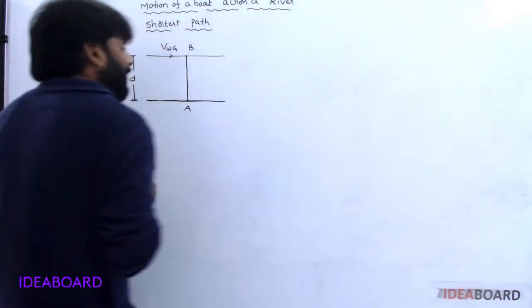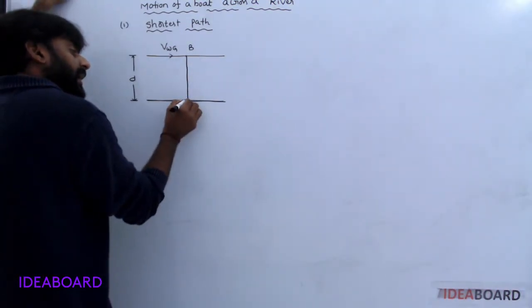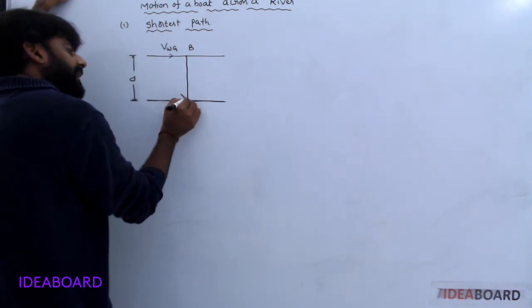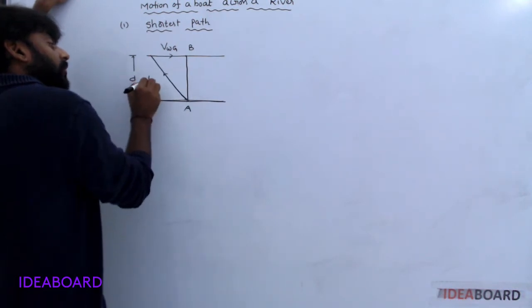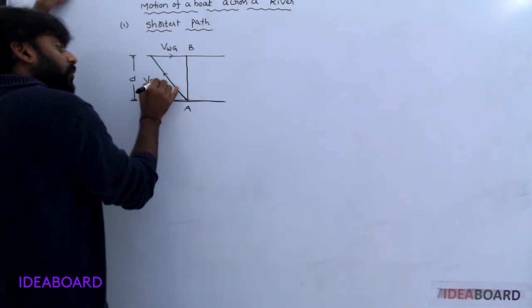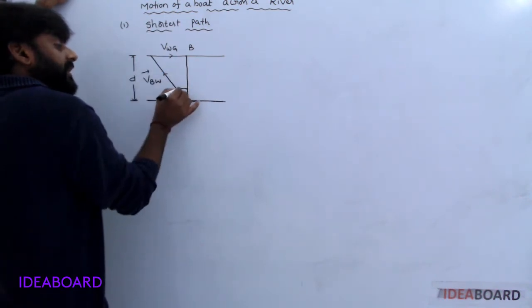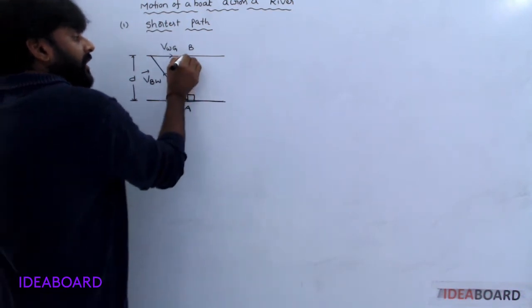To avoid that, the person makes a certain angle with the flow of the river in this way. This is boat velocity with respect to water. This angle is theta. This one is 90.